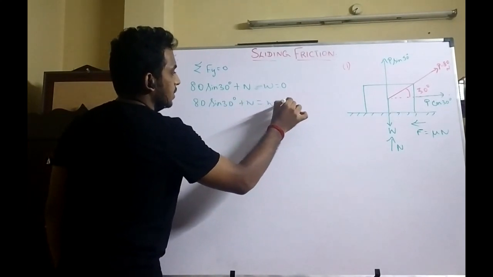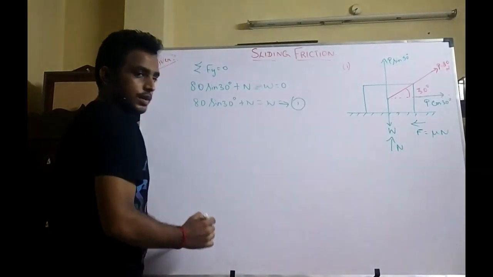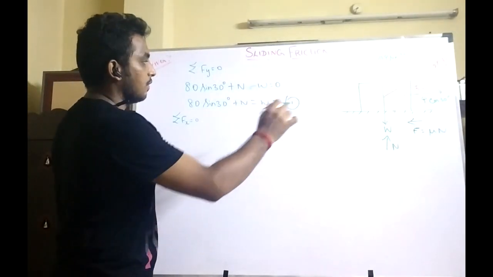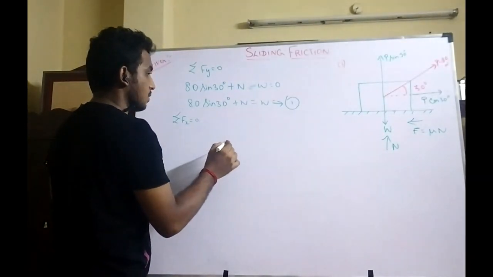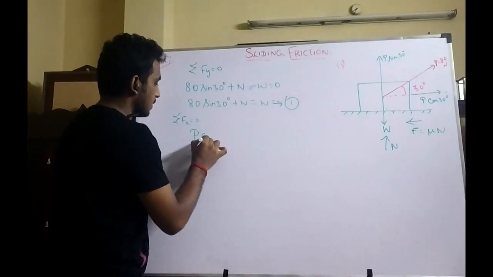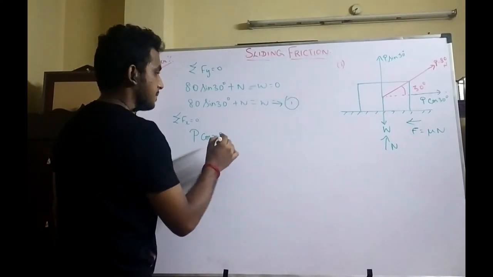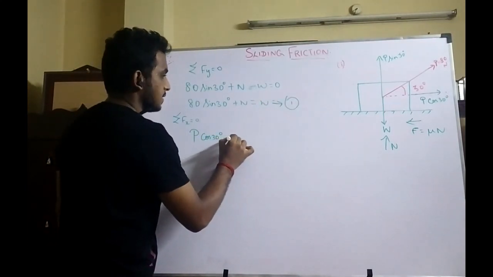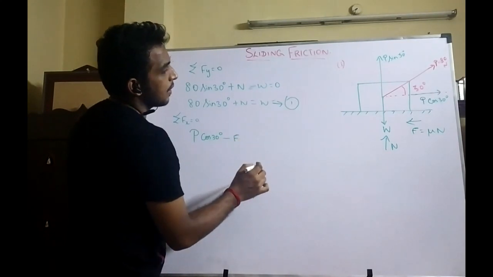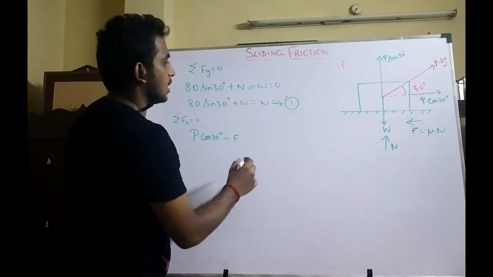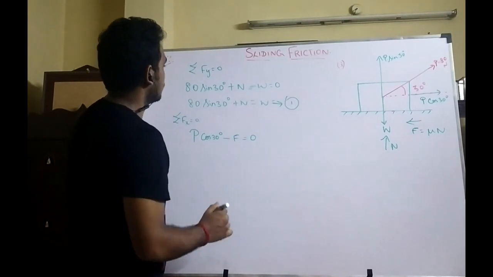We take this as equation number 1. Then summation of F_x equal to 0: what are the horizontal forces acting? P cos 30 minus F. Do we have any other forces? No, we don't have any other forces, so it equals 0.